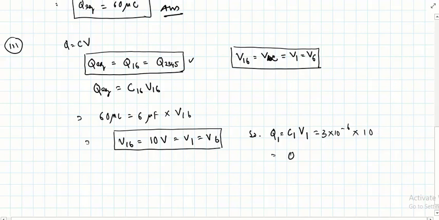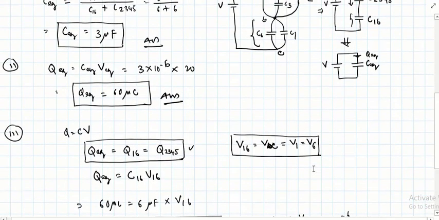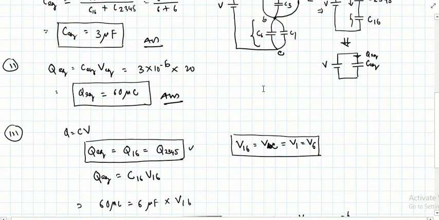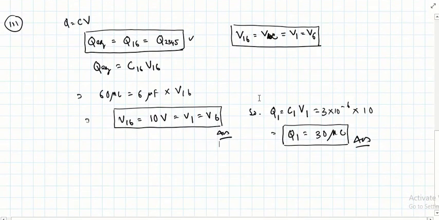Then I can find out Q1 would be 30 microcoulomb. So this is the charge in capacitor 1, and this is the voltage across capacitor V1, and V6 will also be 10 volt because they are in parallel. It is found in that way.